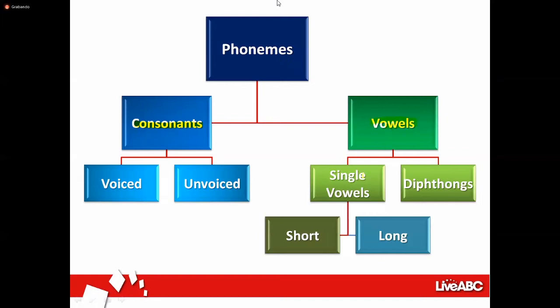They can be single vowels, or they can be diphthongs. Now, we know diphthongs because this is very similar to a cognate, right? It looks familiar for us. We know that diphthongs are two letters together that make two independent sounds, but my vowels can be short or can be long. Probably you remember that I gave you an example.